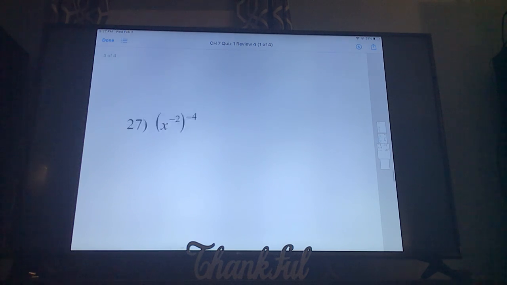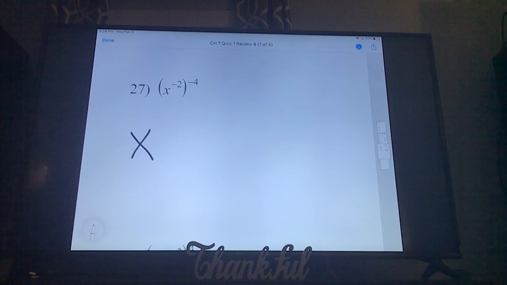Okay. Look at 27. You're going to have x to the, and we multiply these ones together, so negative 2 times negative 4. So you got x, well, negative times a negative is positive, 2 times 4 is 8.